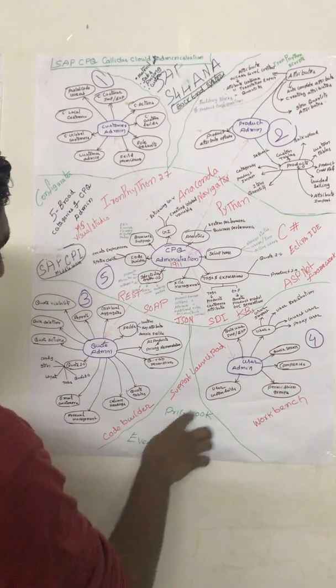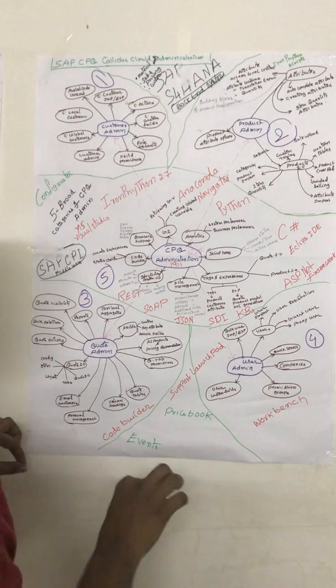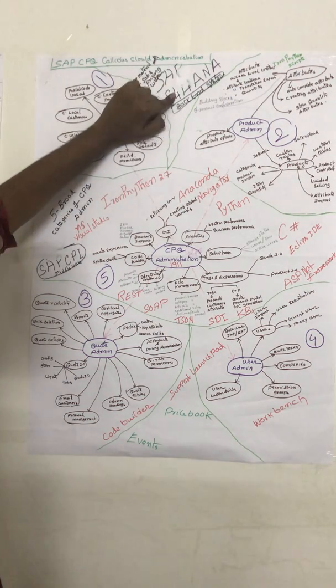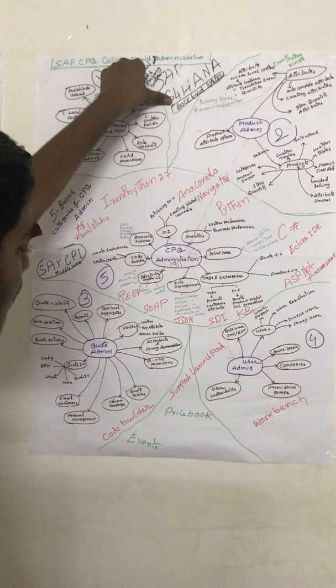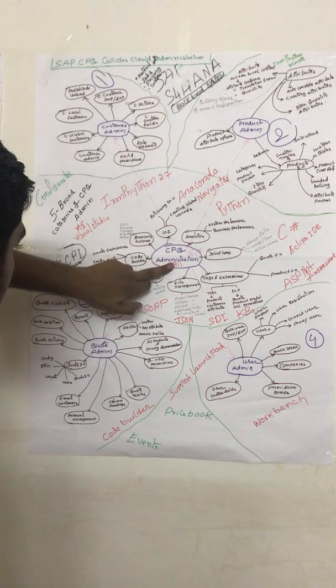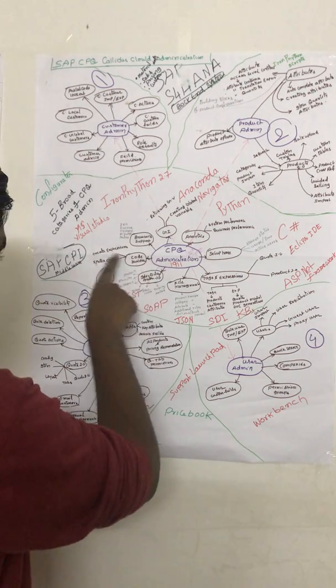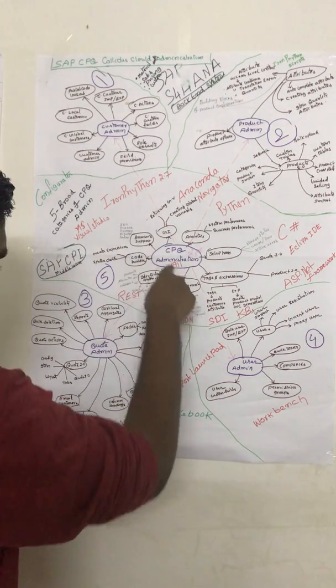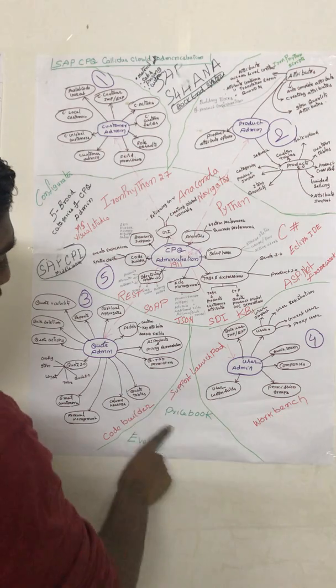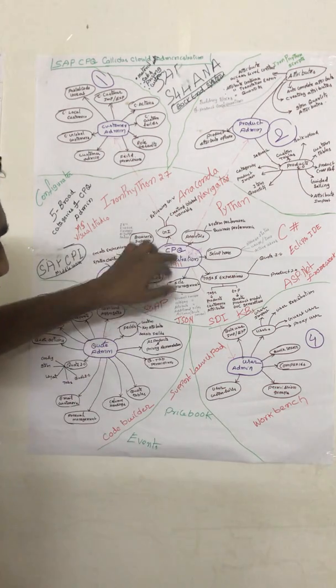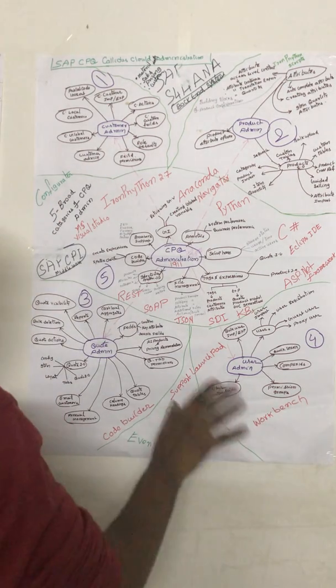Price book is the thing that organizes the prices, from which the pricing data will come from S4HANA to CPQ via CPA. And in between CPA and CPQ, when it enters the CPQ, the price book configures the pricing data in CPQ. This is the importance of price book.